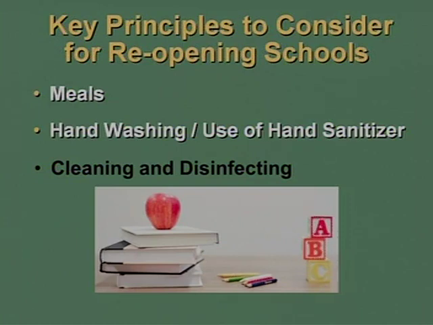And in those incidences, you will need to have a readily available use of hand sanitizer that has at least 60% alcohol in it. We recommend that students and teachers wash their hands if they cough, if they sneeze, after using the restroom, and before and after meals. It just needs to be readily available to them.